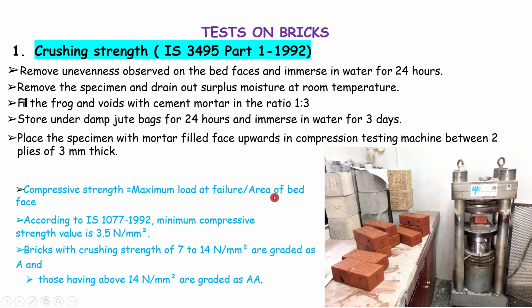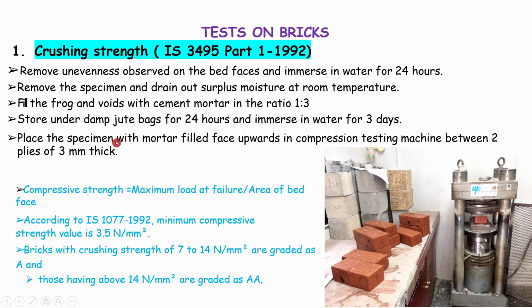Remove the specimen and drain out surplus moisture at room temperature. Fill the frog and boards with cement mortar in the ratio 1:3. This filling should be done after immersing in water and removing the surplus water. So when we are ready for testing, we have to fill this cement mortar.